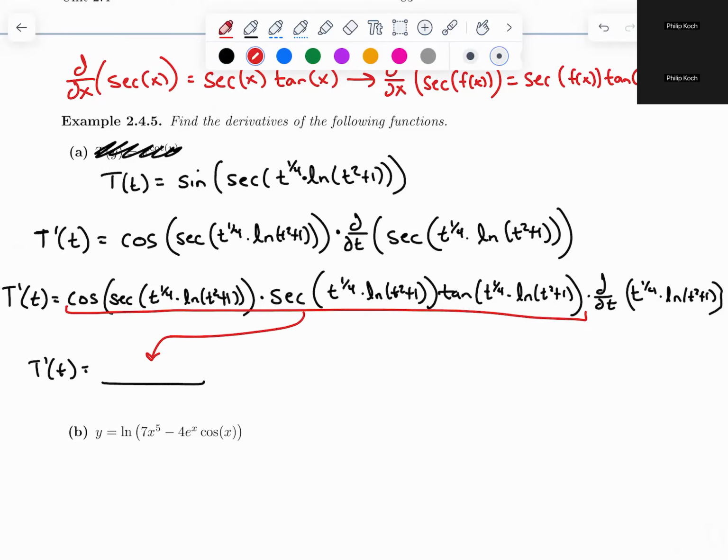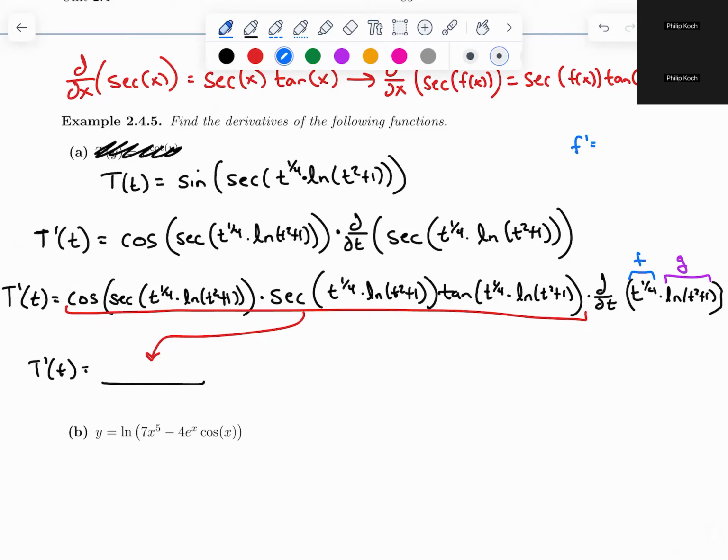But that is all there, right? And then there's a product rule where this is your f and this is your g. But lo and behold, there's a chain rule in the product rule. So we can write it above it if we'd like.